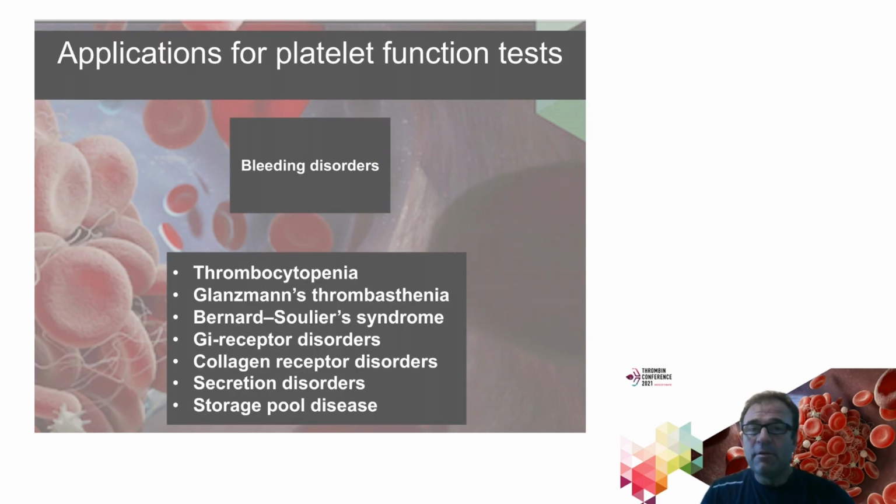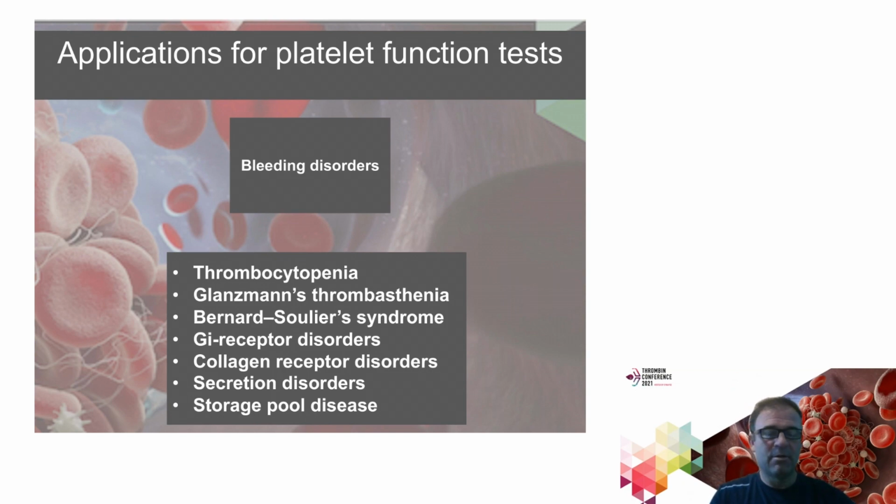Well, in general, if you use platelet function tests for bleeding disorders, of course, you pick up thrombocytopenia, but the platelet function disorders you pick up are mainly well-established platelet function defects, and they are also mostly quite rare.